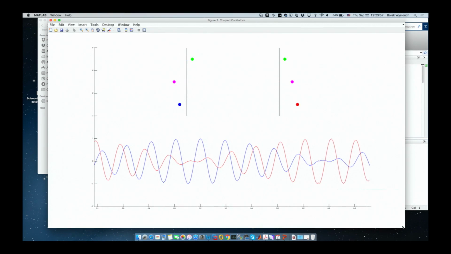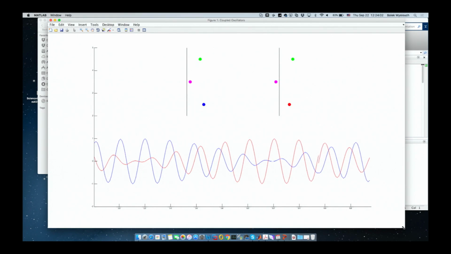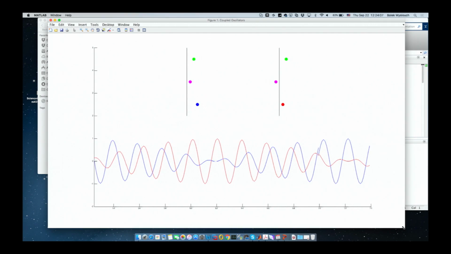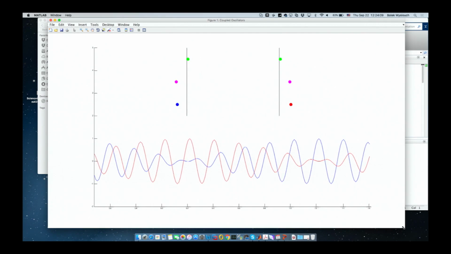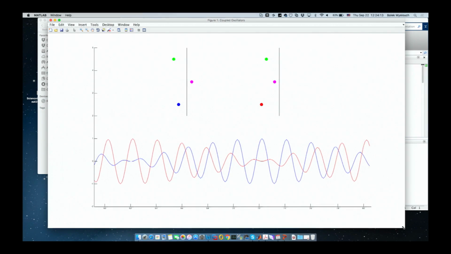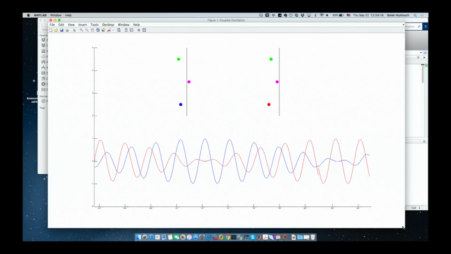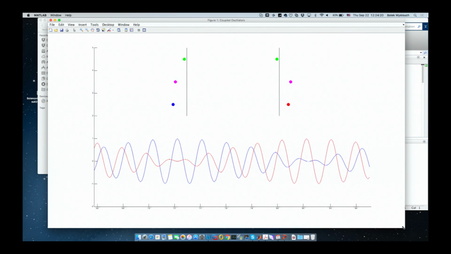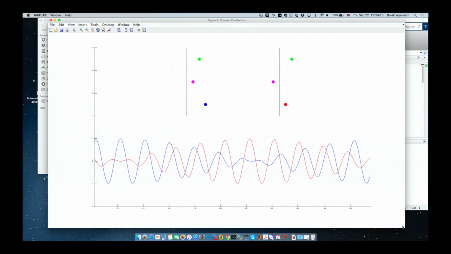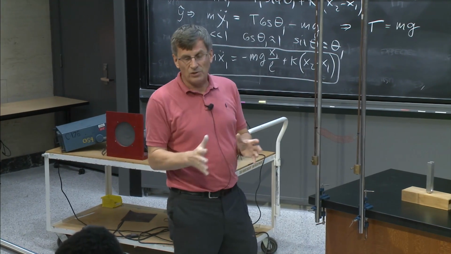And then I plot the position of the blue and red in color as a function of time. So you see this weird effect that, let's say, red now stopped, and the blue is at maximum, and now the red is picking up, and now the blue stopped, and the red is going full swing, etc. This computer simulation shows you that one of them is going up, the other one down, etc. And this is for a certain combination of initial conditions.